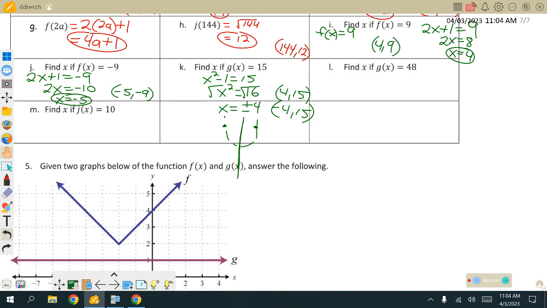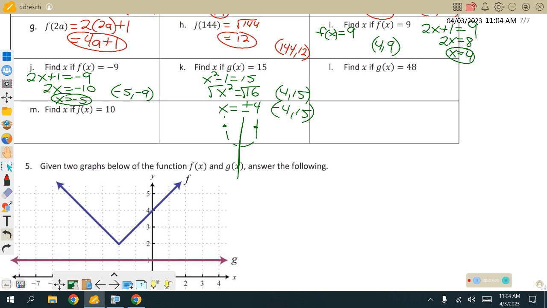In that symmetry, axis of symmetry, we can fold it right down along that line of axis of symmetry. That's where that negative 4, 15 and that 4, 15 are, creates that U part of it. And that's why we say you get how many solutions? You typically get 2 solutions.